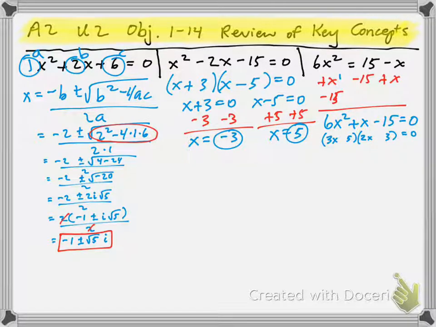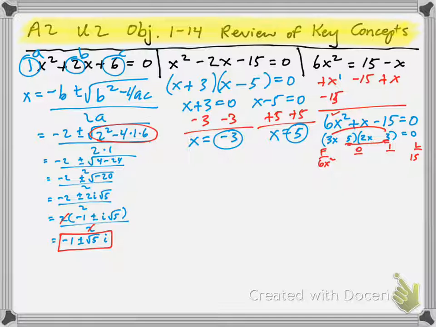And so if we FOIL this, let's see if we found the right factors. First times first gives us 6x squared. So we got our first term, check. And then the last times the last is 5 times 3, that's 15. Good.